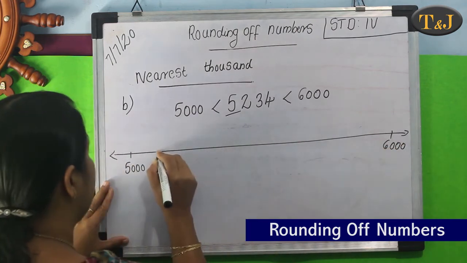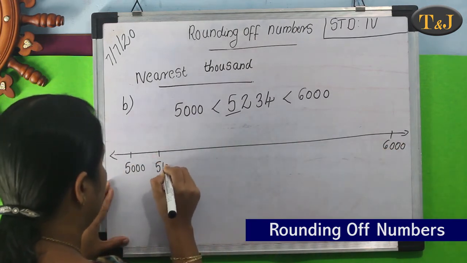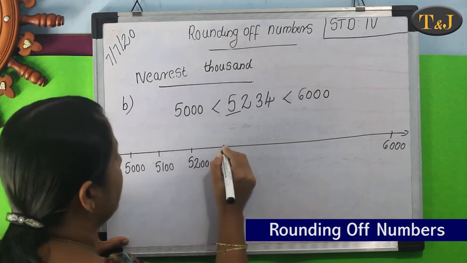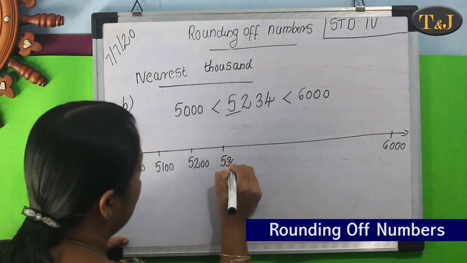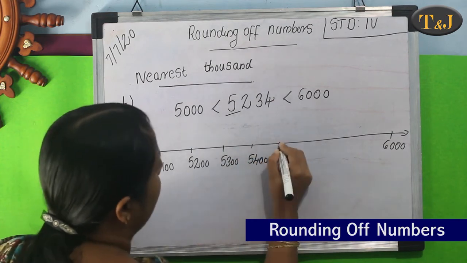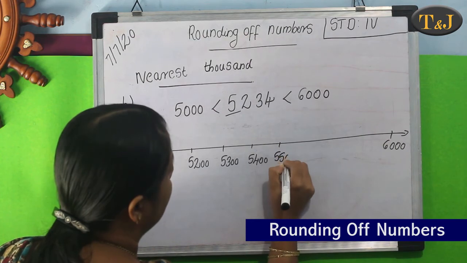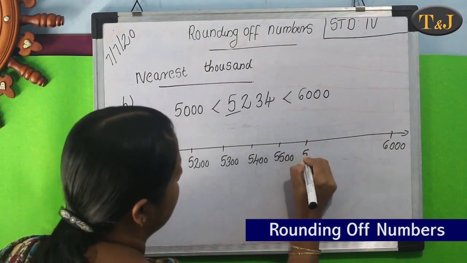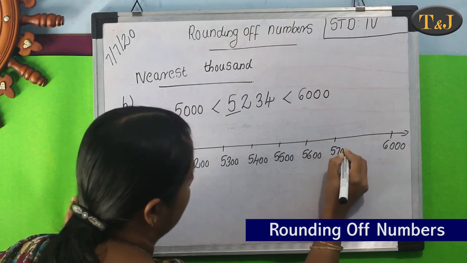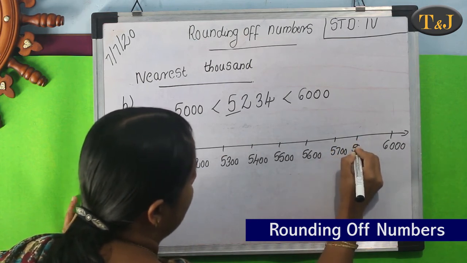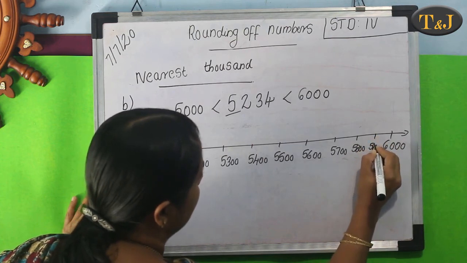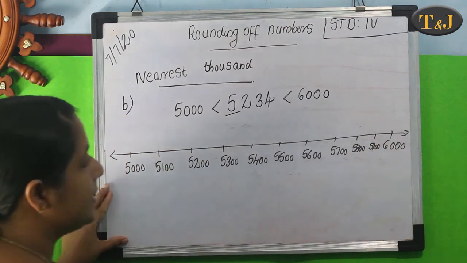So we write 5100, then 5200, 5300, 5400, 5500, 5600, 5700, 5800, and last is 5900. Then our last number is 6000.